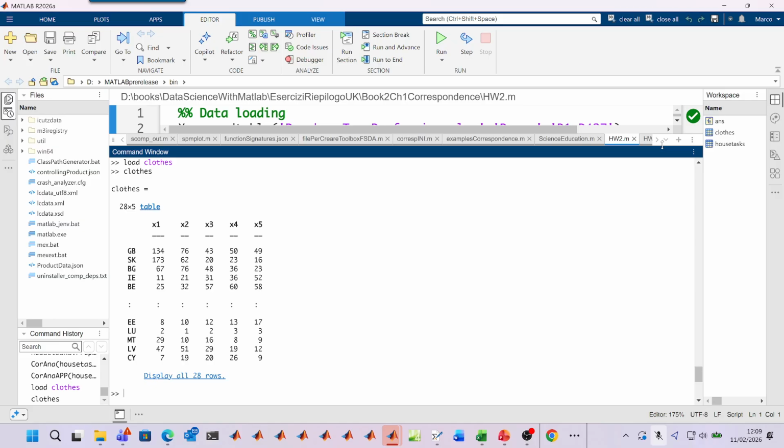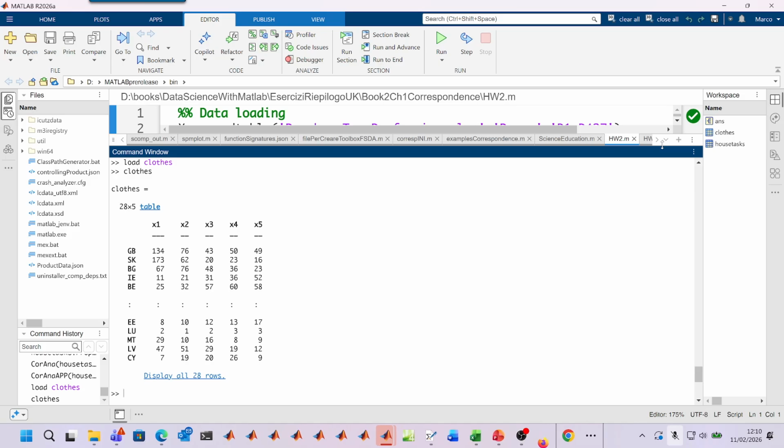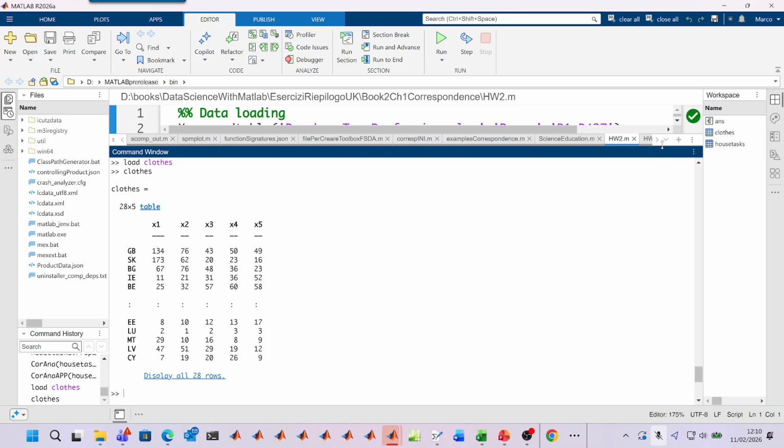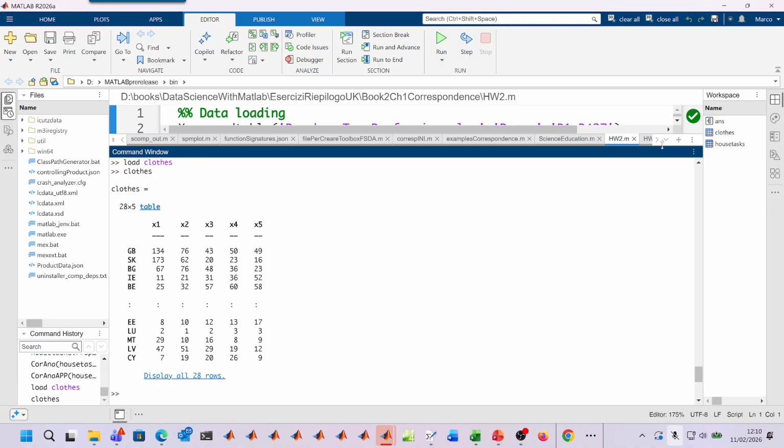This means that the level of price X1, the smallest level of price, has been observed for Great Britain 134 times. So here you want to understand which are the countries which are tricking the cards, which are the fraudsters.